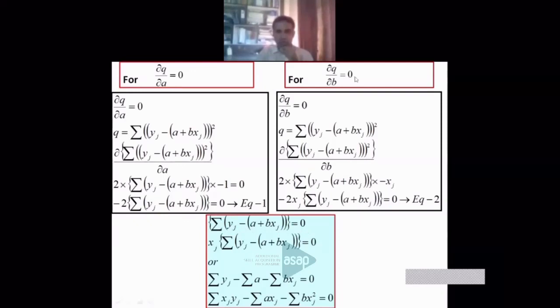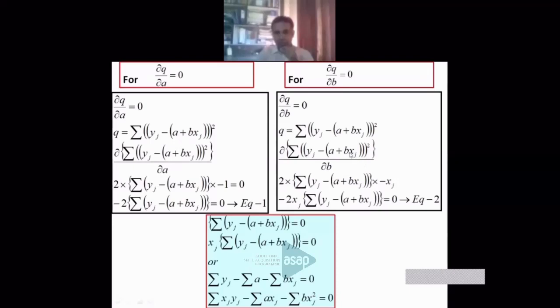Likewise, we look at dou Q by dou b equal to 0. The terms are the same, and the difference is in dou Q by dou b. So 2 into sigma yj minus A plus bxj, into, again, the derivative with respect to b.